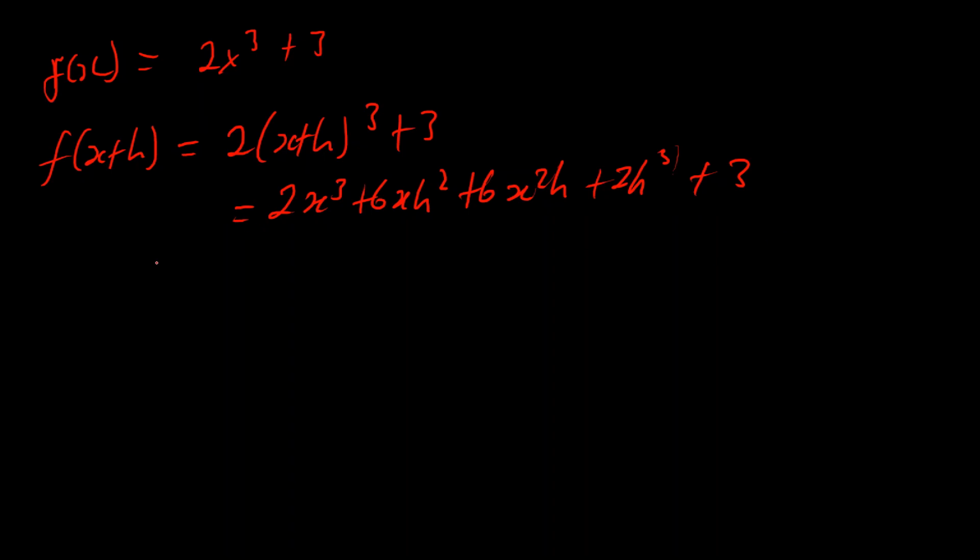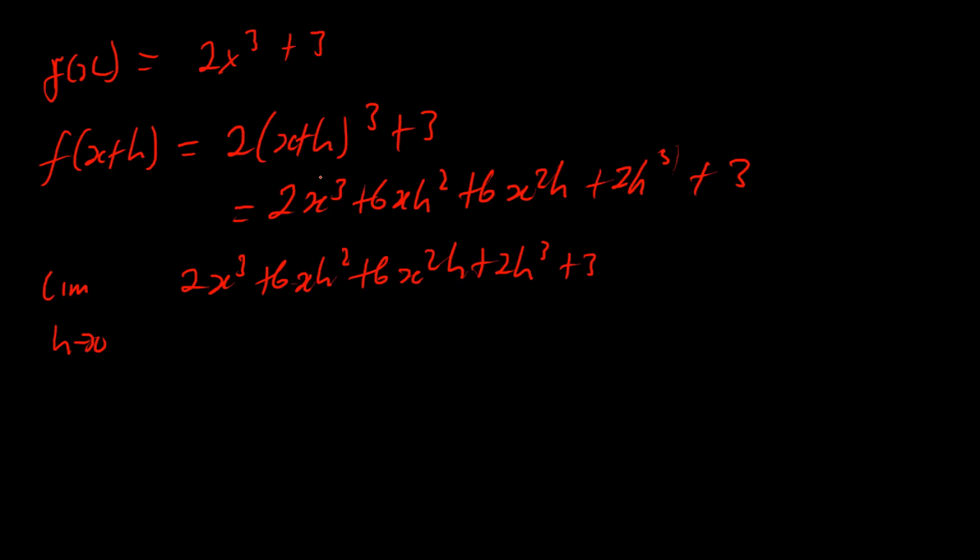Now, we know f of x, and so we can then put it into the formula. So dy/dx is the limit as h approaches 0 of f of x plus h, which is now 2x cubed plus 6x h squared plus 6x squared h plus 2h cubed plus 3. Now make sure you pause the video and then expand this yourself, and make sure you expand and then get what we have in here.